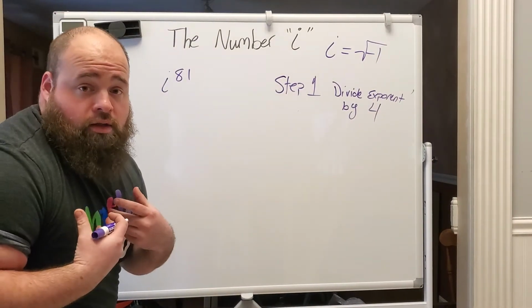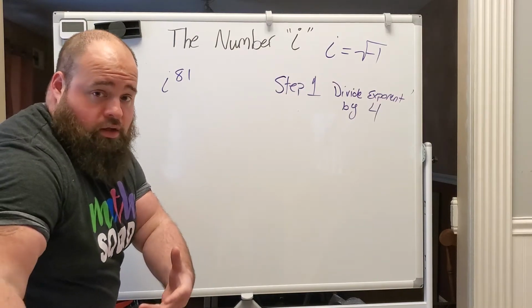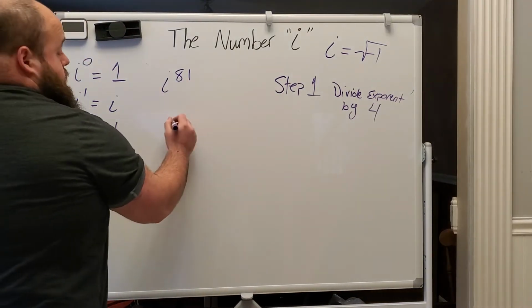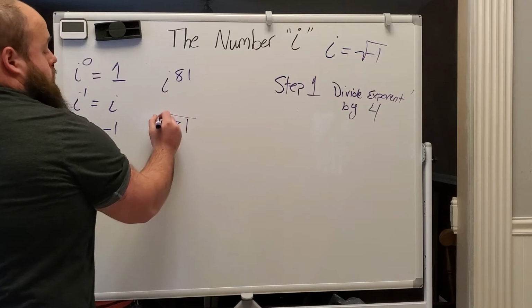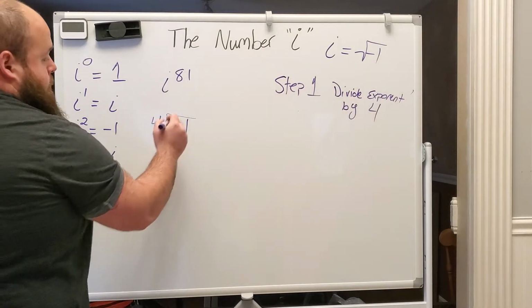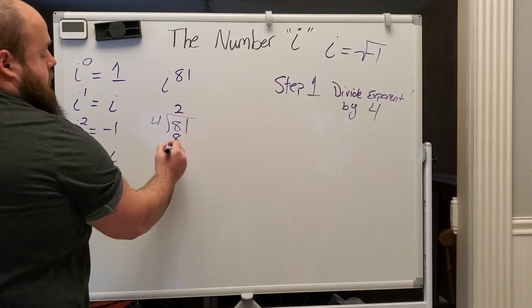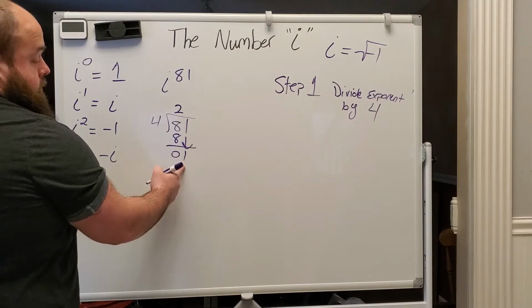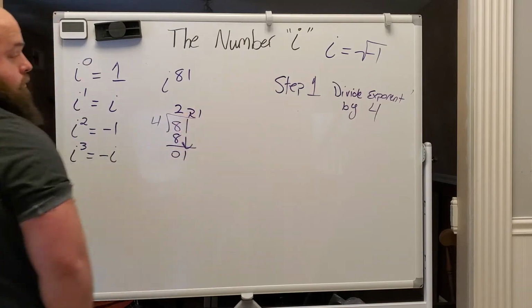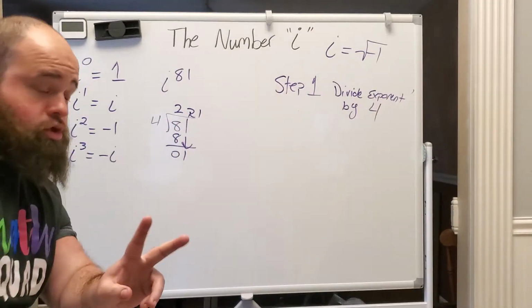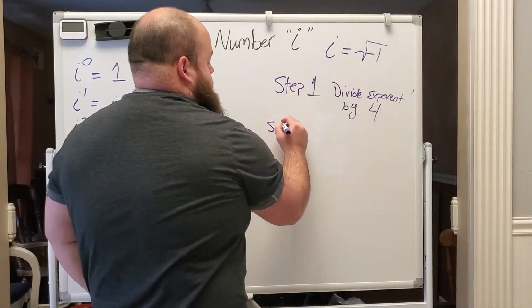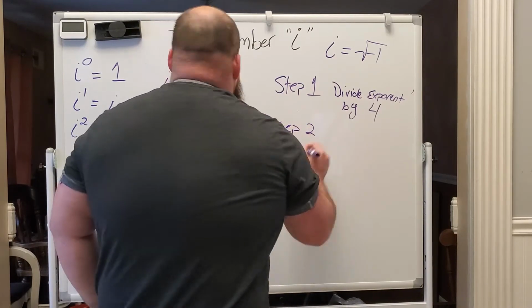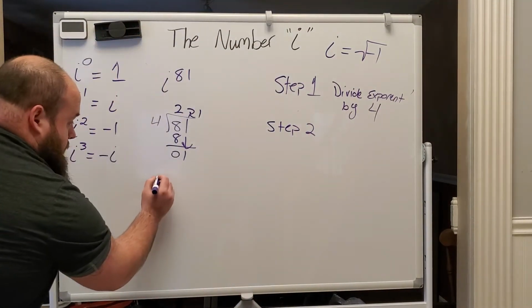Let's go ahead and do that. I don't have a calculator, so I'm going to go old school. If you have a calculator, please feel free. That's 81, and we'll divide this by 4. 4 can go into 8 twice. That'll be 8. Ooh, nostalgia. Can't do that, so normally you'd say you have a remainder of 1. So here's where step 2 comes into play. Step 2, I'm going to rewrite the i.